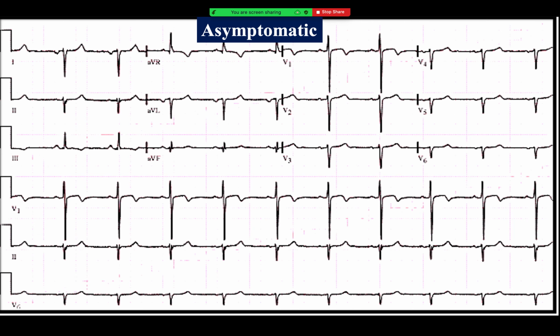Okay, this is a patient who is asymptomatic.